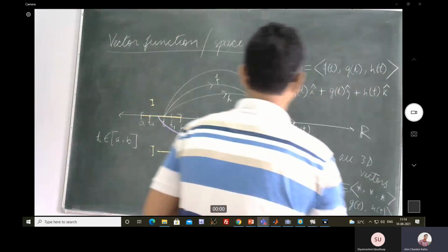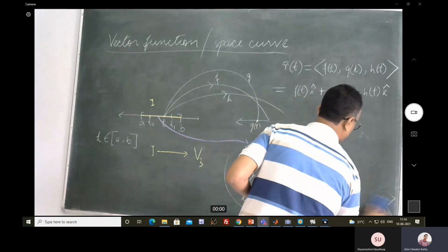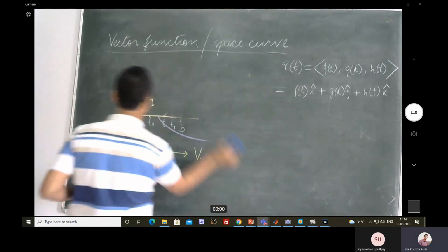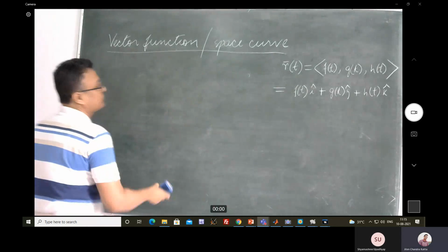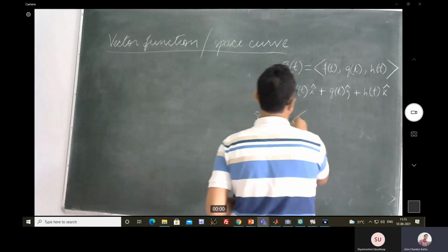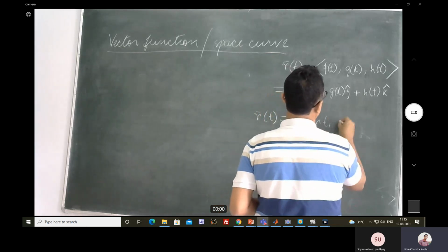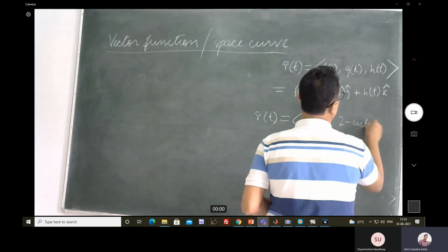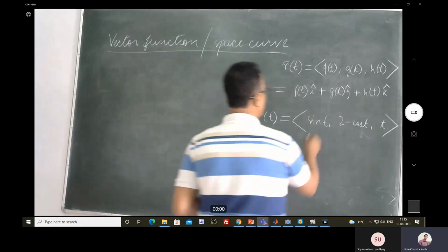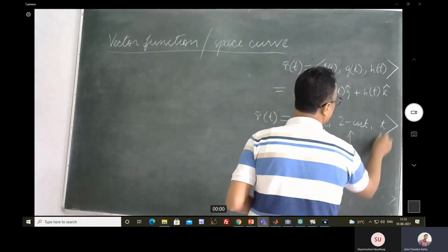Say, for example, I may have r(t) defined as something like sin t, 2 minus cos t, t.